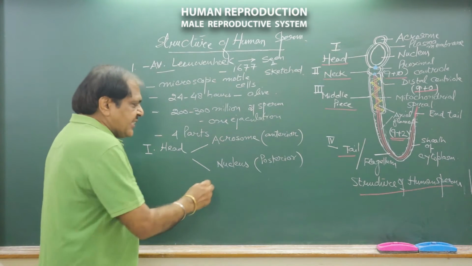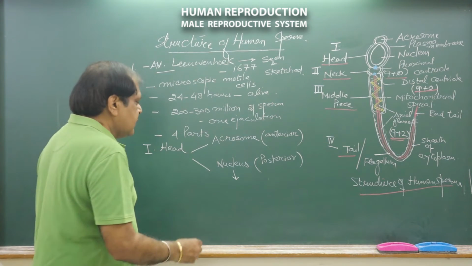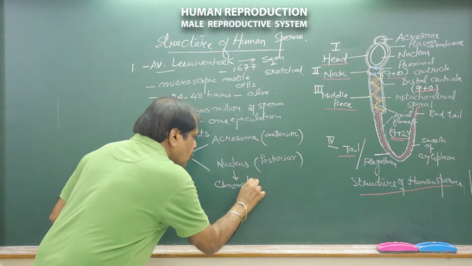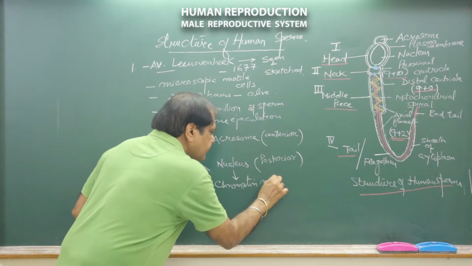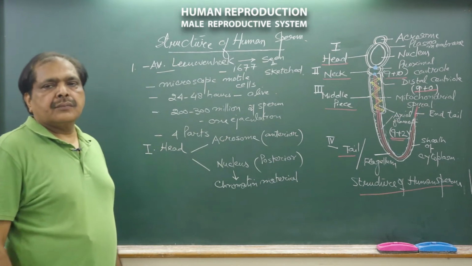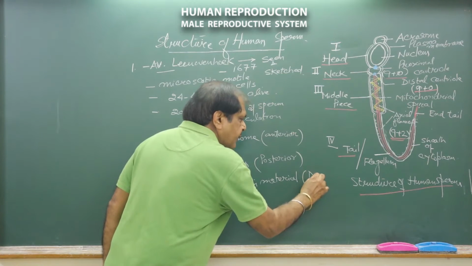Now, this nucleus has chromatin material, which is mainly the DNA.